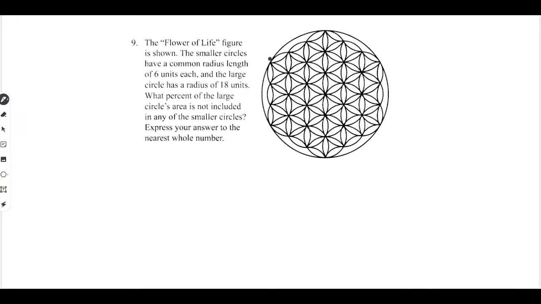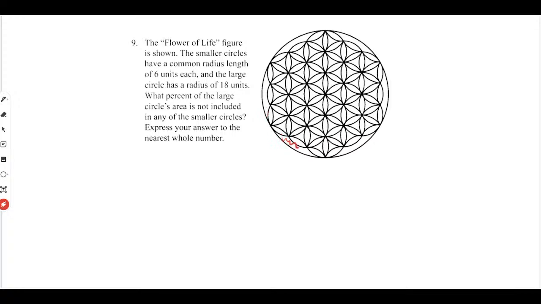So let's look at the problem first. It's saying we're looking for the percent of the large circle's area that is not included in any of the smaller circles. So the smaller circles will be these smaller circles, and the area we're looking for will be these parts.